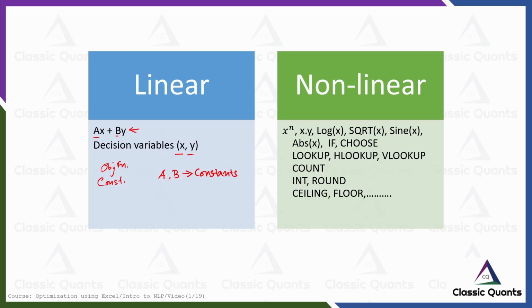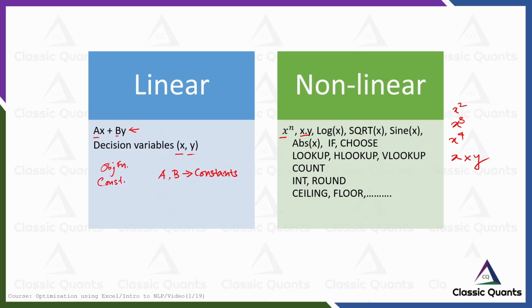Otherwise, for every other function, every other format of the objective and constraints, the problem is non-linear. What are the examples? Examples can be x to the power n, like x square or x cube or x to the power 4 or anything. x into y, that means the product of two decision variables.